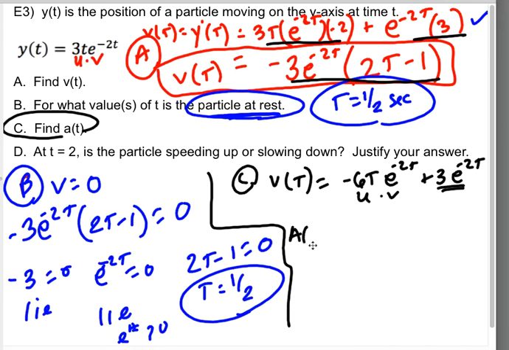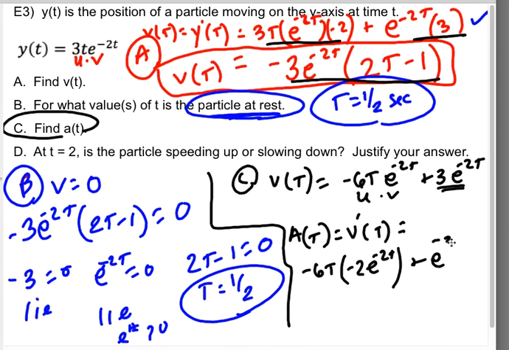So my a of t, right, which is just my v prime of t, is going to be u, so negative 6t. dv is going to be a negative 2 e to the negative 2t, right, plus v, which is e to the negative 2t, du, which is a negative 6. And then I have to differentiate this guy, so that's going to end up being a minus 6, because it's 3 times the negative 2e to the negative 2t.